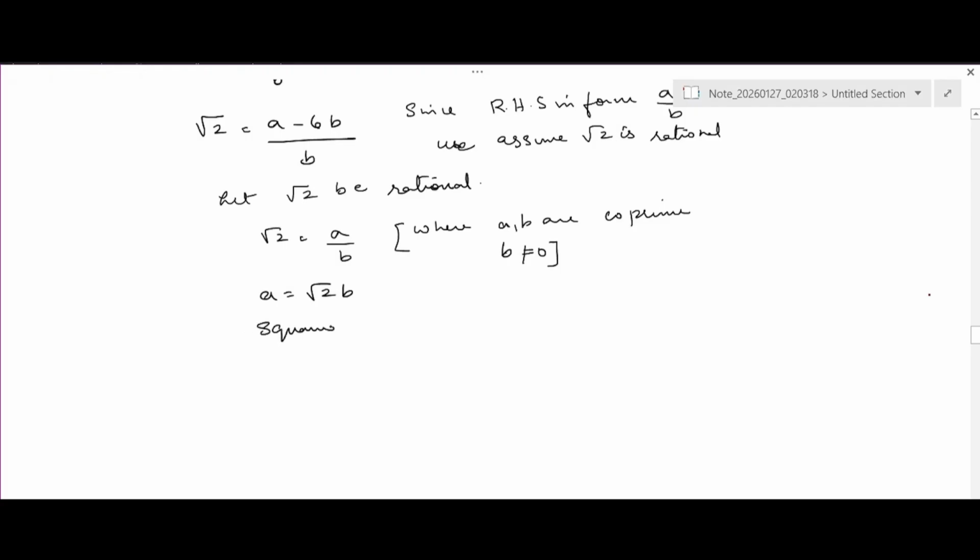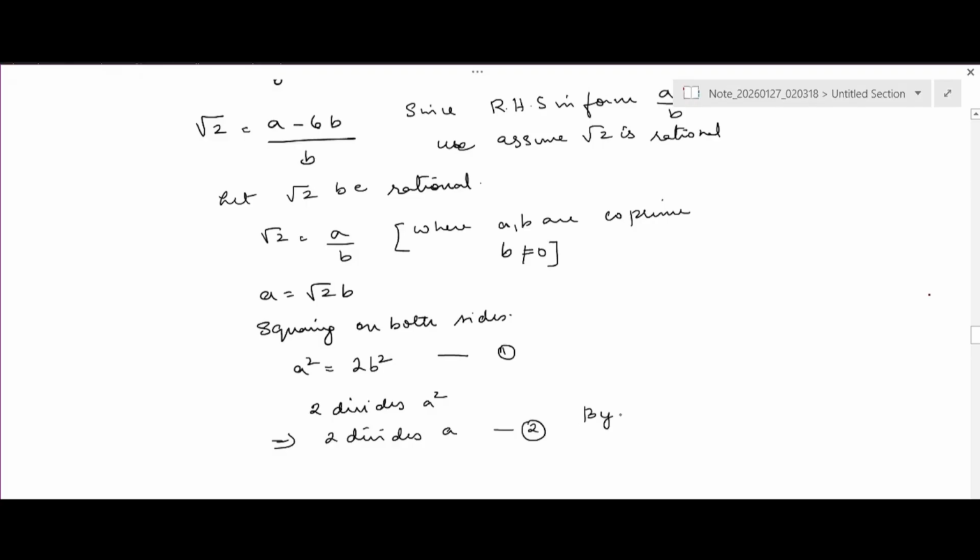Squaring on both sides, a squared is equal to 2b squared. So 2 divides a squared, which implies 2 divides a. This is 1. This is 2, by theorem 1.2.